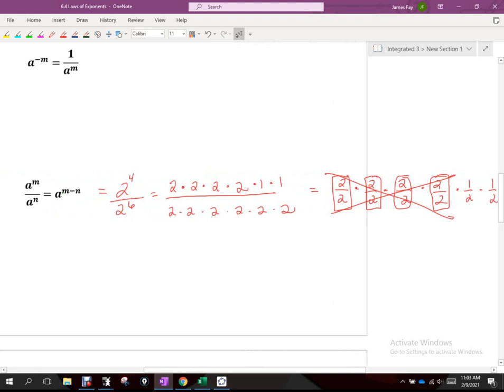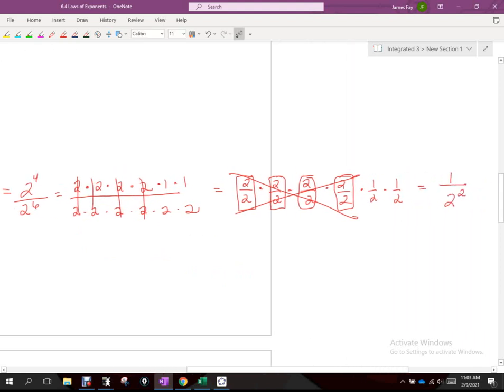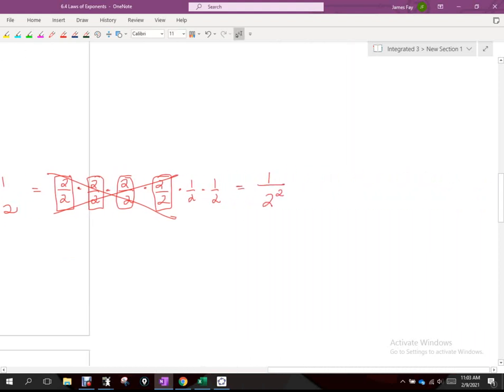Okay. So here we see basically what we're seeing here is that we're canceling these like ones out, right? Okay. And now to get this 1 over 2 squared, we started with 2 to the 4th over 2 to the 6th.